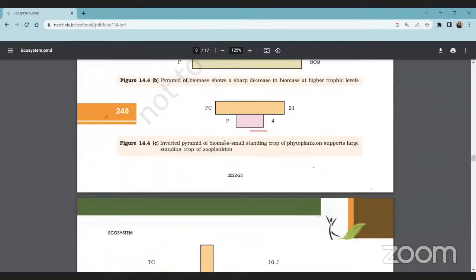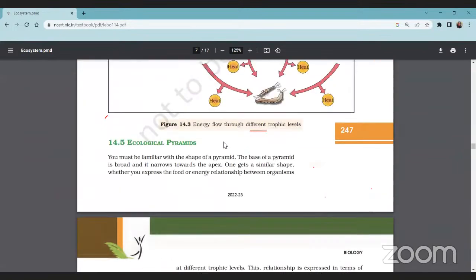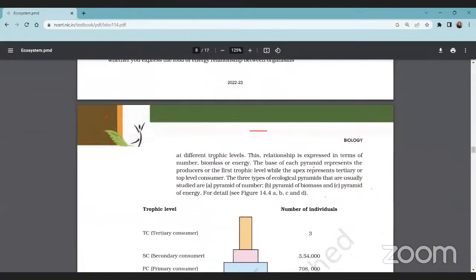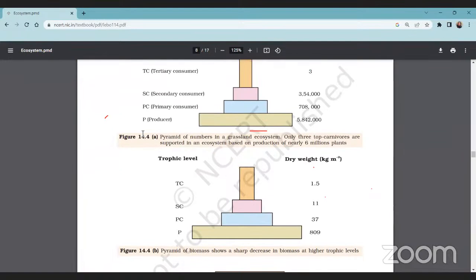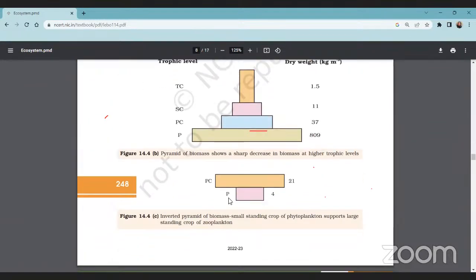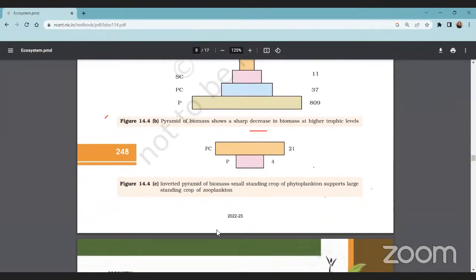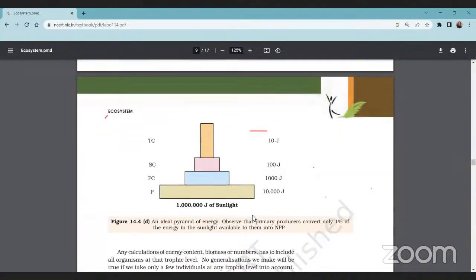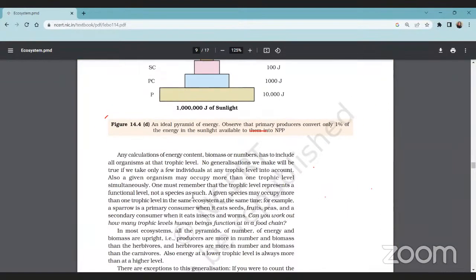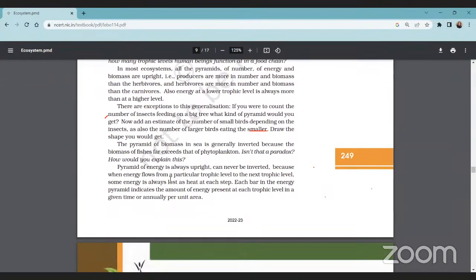Today we discussed the ecological pyramids. In that, some are upright pyramids and some are inverted pyramids.